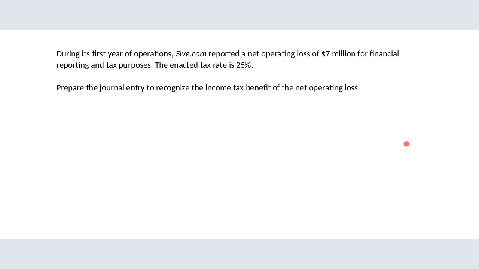So we have that during its first year of operation. So do we understand what a net operating loss is? What is your understanding of a net operating loss? What does that mean?